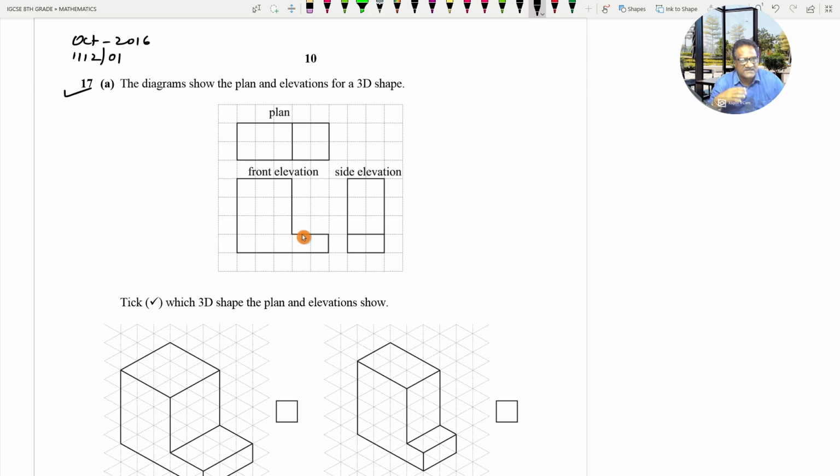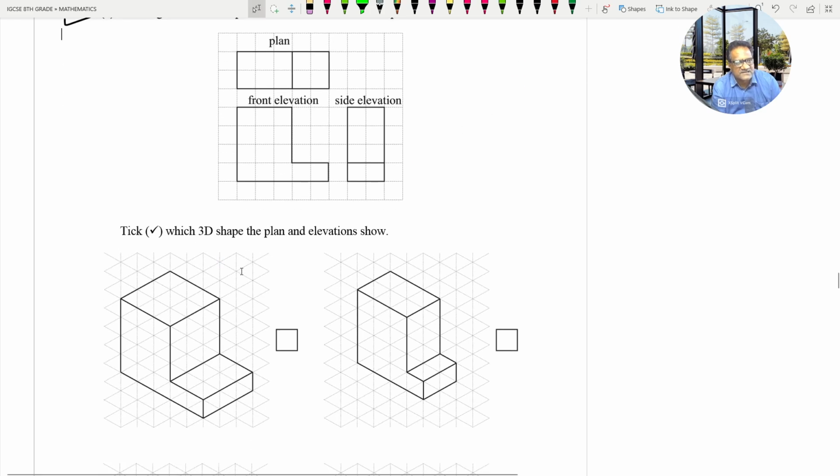Then front elevation is something that you see from the front, and side elevation is something that you see from the side. Okay. So you are given this plan for this 3D shape, and the plan is given here, and the front elevation is given here, and the side elevation is given here. Now you have to put a tick mark on the 3D shape for which the above plan is matching.